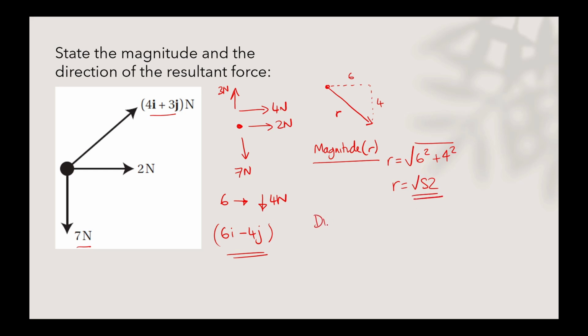Then to find out the direction, that's a case of finding out what theta is, in which I've got tan theta equals 4 over 6, and again just make sure that you use the right numbers in the right order for this, in which theta equals the inverse tan of 2 over 3, and so theta gives me an answer of 33.9 degrees, and that's to 1 decimal place. And there we go.